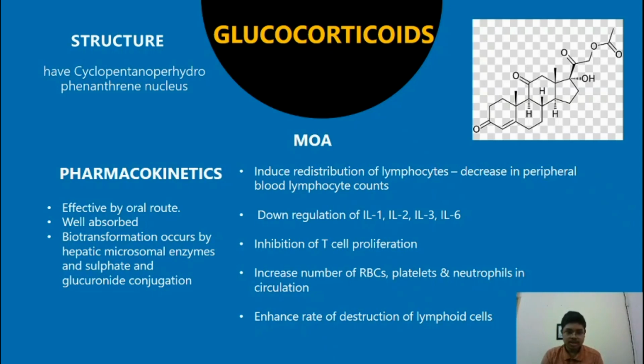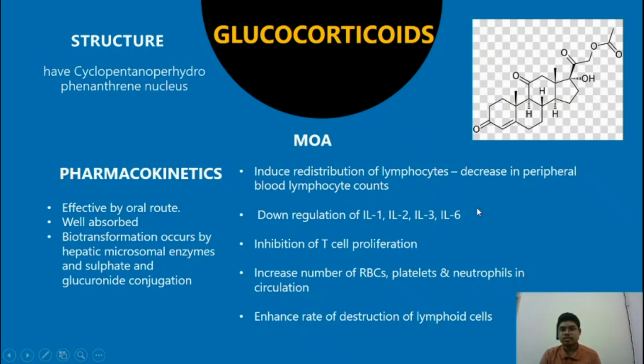Coming to pharmacokinetics, corticosteroids are effective by oral routes. They are well absorbed systemically also from sites of local administration. And biotransformation occurs by hepatic microsomal enzymes and sulfate and glucuronide conjugation.